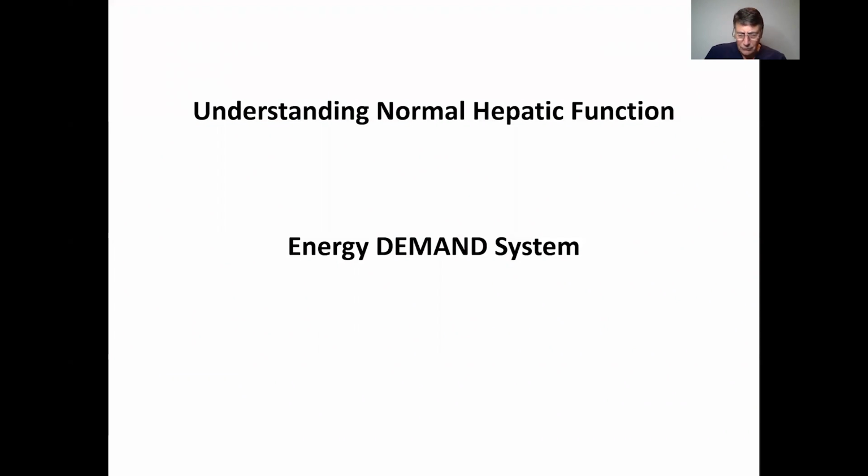Okay, folks. So here's a critically important aspect to understand about how the human body works. In terms of energy, the human body functions best and is designed to function as a demand-based system, okay?